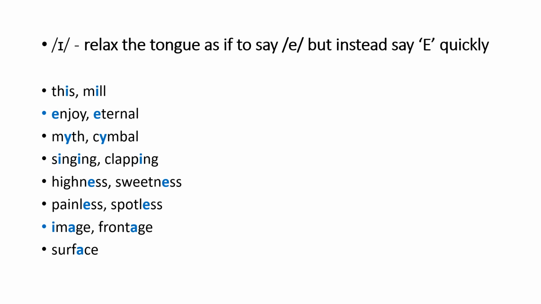E. Again, E. The E is found in words like this: mill, enjoy, eternal, miss, symbol, singing, clapping, highness, sweetness, painless, spotless, image, frontage, surface. Try to learn the E sound and get it right, as it occurs very often in English speech.